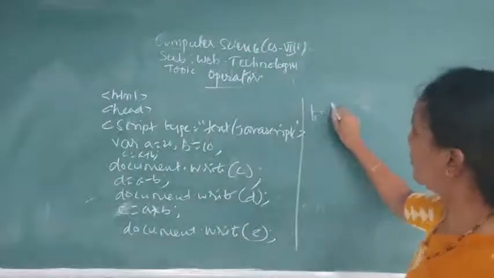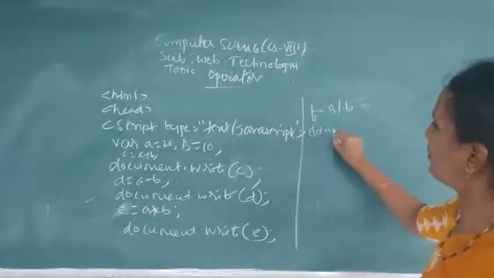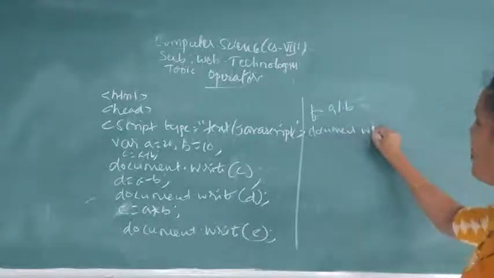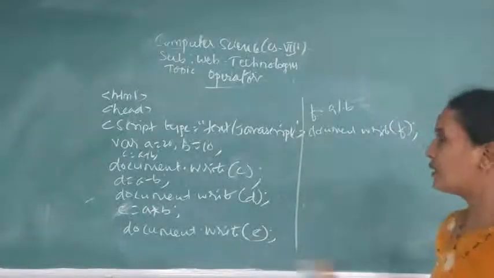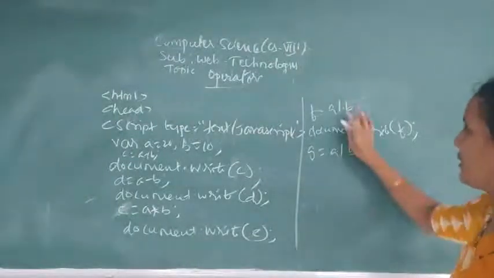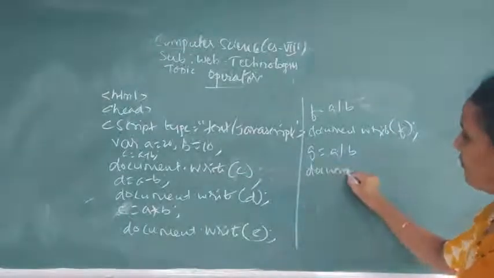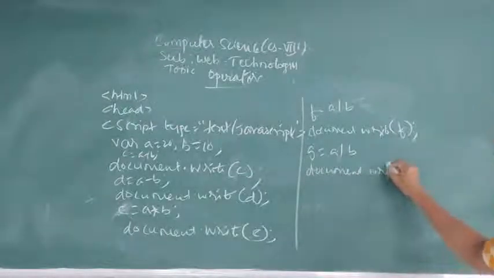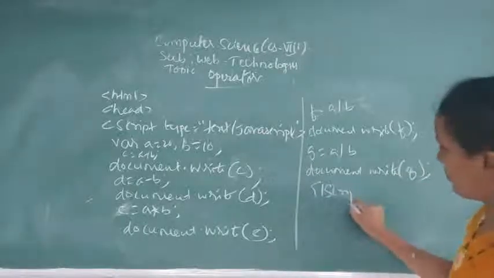Next one is F equals A by B. Document.write F. Now G equals A modulus B, it's a modulus, sorry. Now document.write G and close the script.